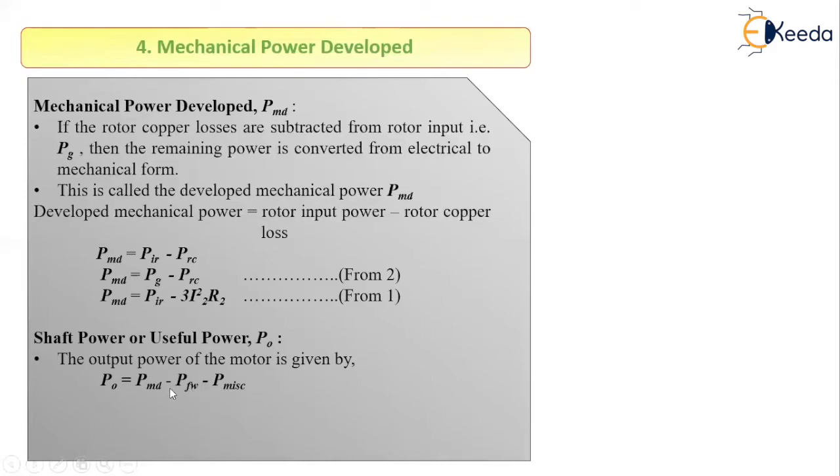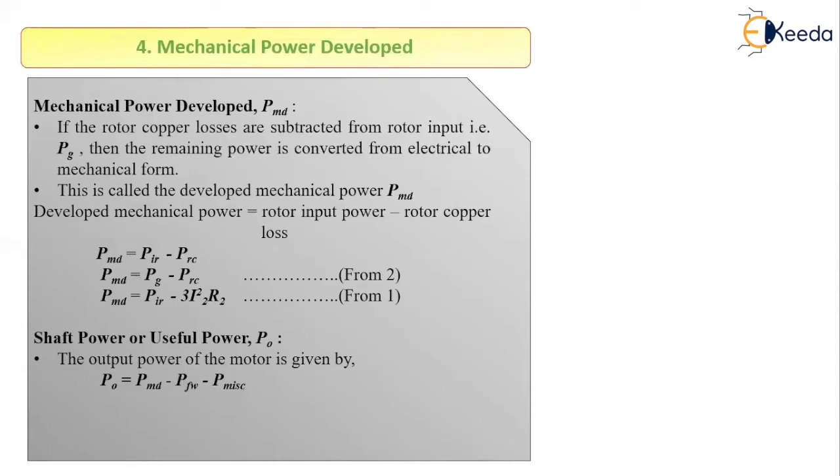So whatever developed mechanical power is obtained, it is obtained after subtracting the rotor copper losses from the rotor input. Now from this developed mechanical power, when we subtract the friction and windage losses and the stray load losses, whatever power is left is our output power of the motor.